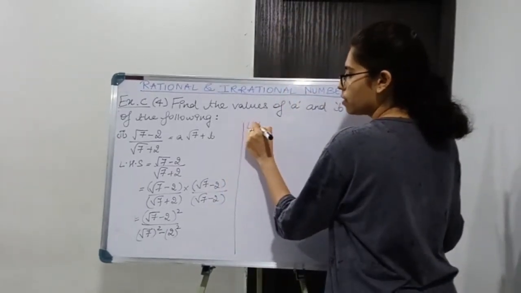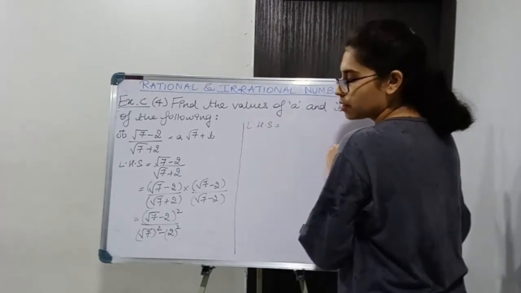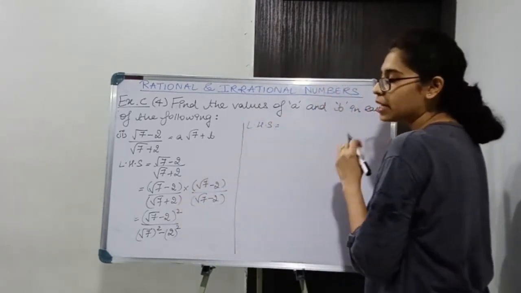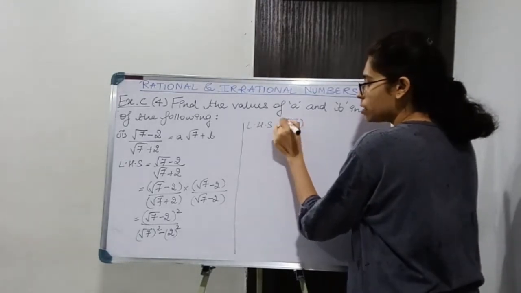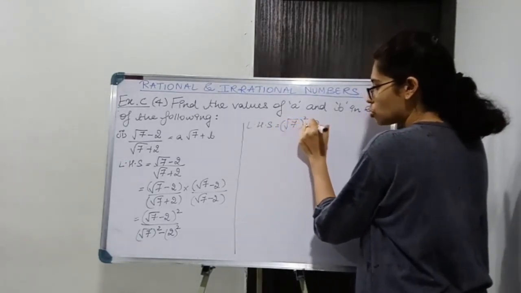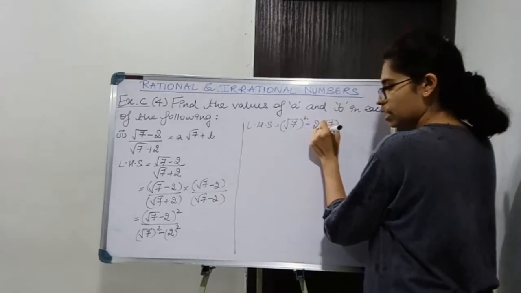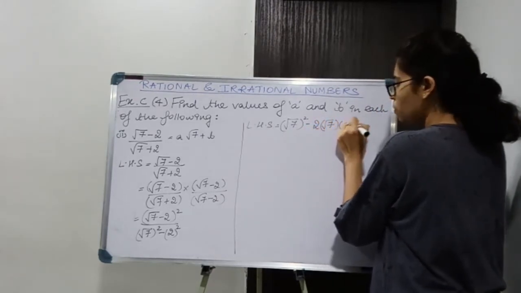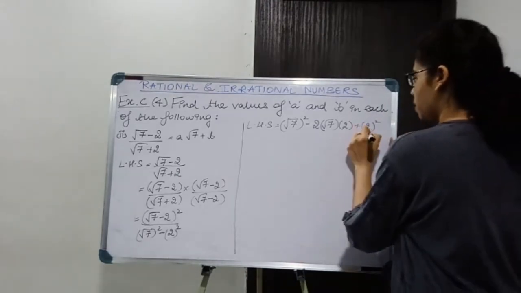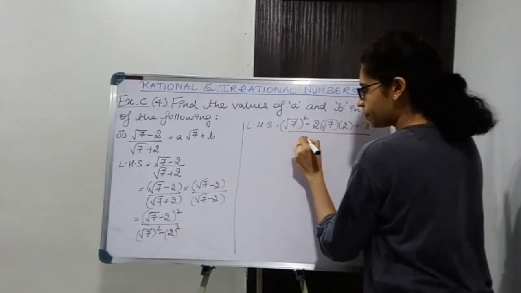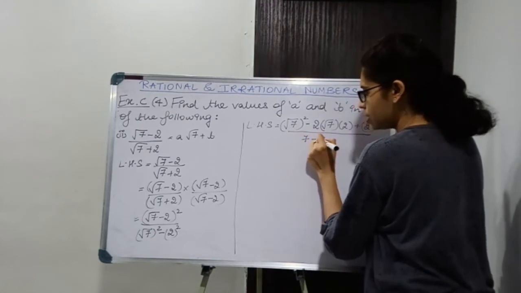Now in the numerator I'll expand a minus b the whole square, so it is going to be root 7 square minus 2 into root 7 into 2 plus 2 square. Denominator में I'll get 7 minus 4.